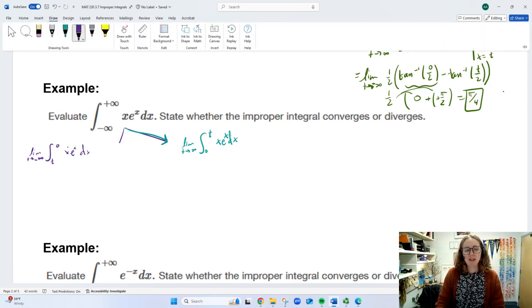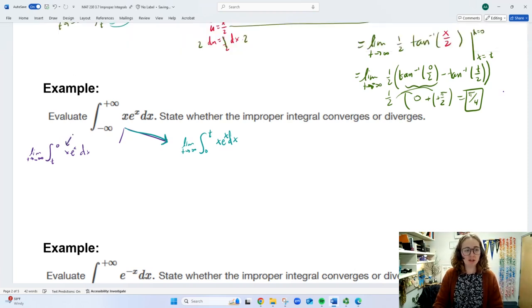I think we have to use, well, u substitution will not work, integration by parts. So this one, it's not too bad to let x be our u, because when I look at u prime, it'll just be 1, since the derivative of x is just 1. And I'll let e to the x be my v prime. So u prime is just 1, my v prime is e to the x, so my v function, the antiderivative of e to the x, is just e to the x.